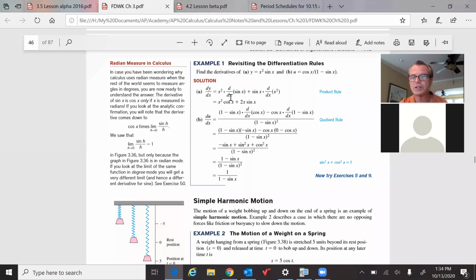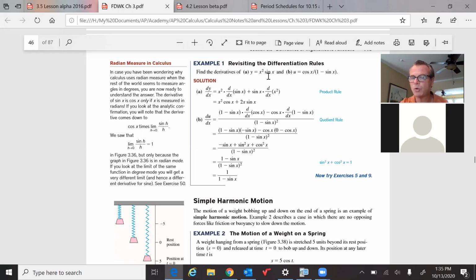So how do we do it? First term, x squared times the derivative of the second factor. Derivative of sine is cosine. Plus the derivative of the first term, 2x, times the second term, sine x. This is your expansion. This is your derivative. What does that mean?